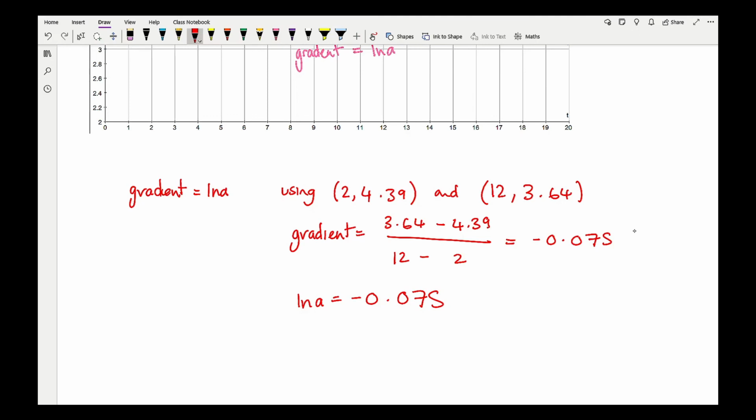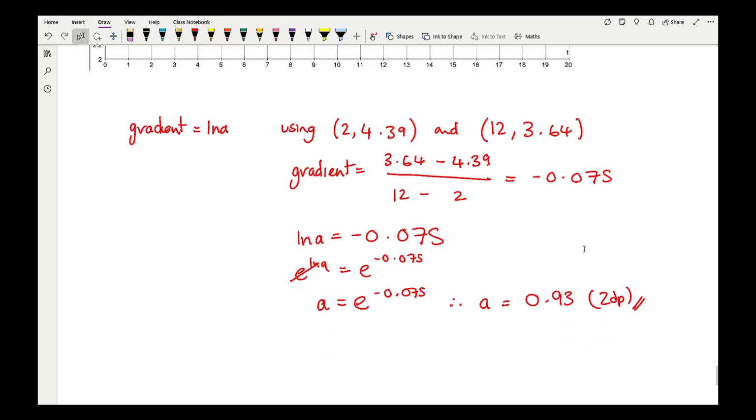I need to work out the value of A, so if I take E of both sides, I end up with E to the ln A equals E to the minus 0.075. The E and the ln cancel out, so A equals E to the minus 0.075. Therefore A equals 0.93, to 2 decimal places.